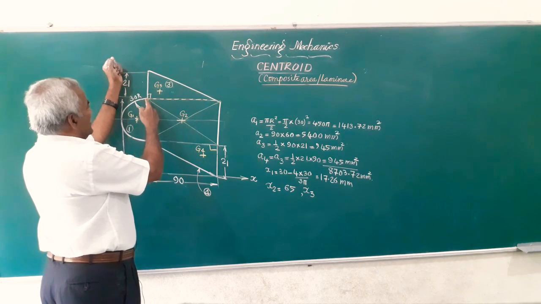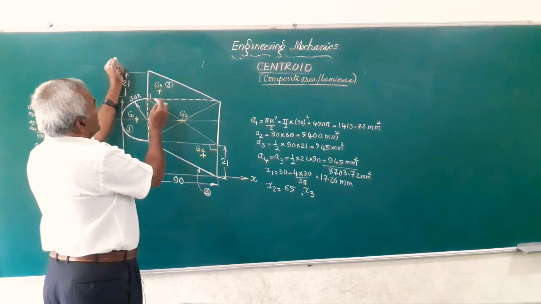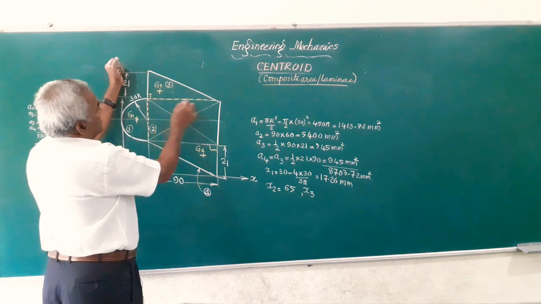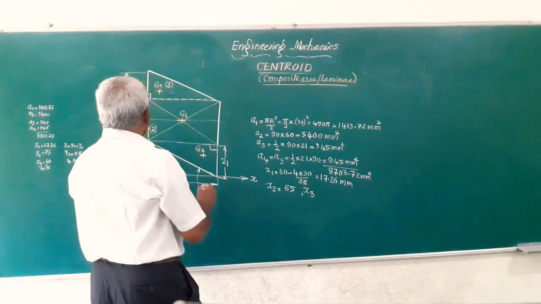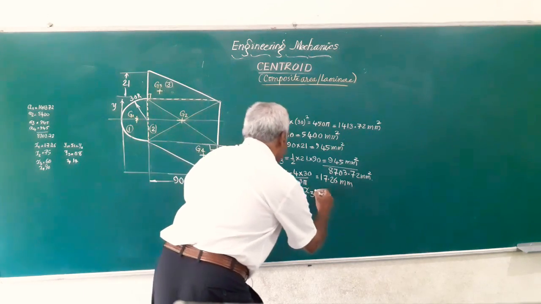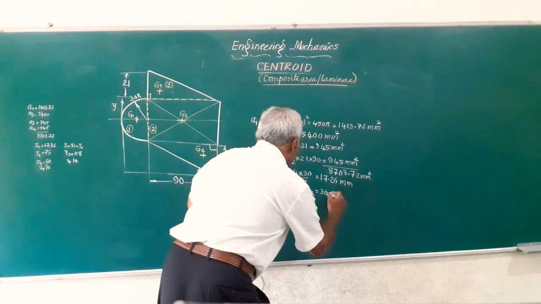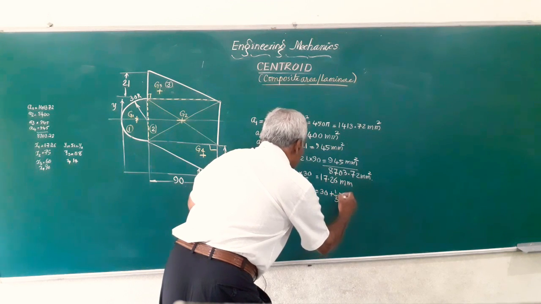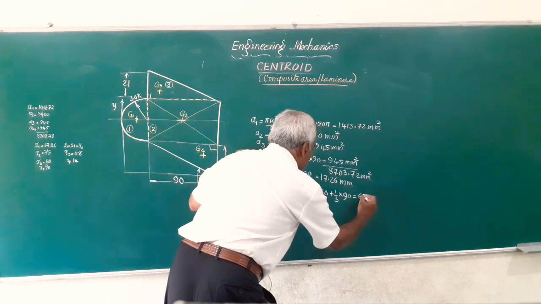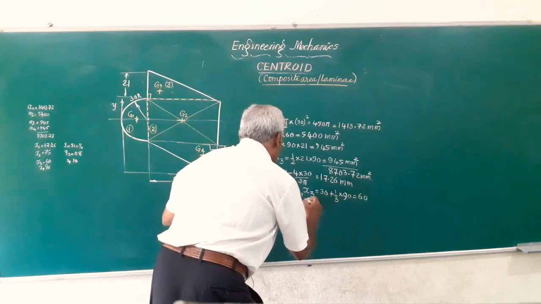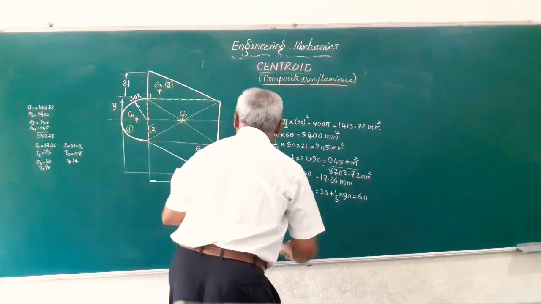So this is 30, and this is 1/3 of the total height, 1/3 of 90. So this will be 30 plus 1/3 of 90, which is going to be 60 mm. Finally, x4 will have a value.